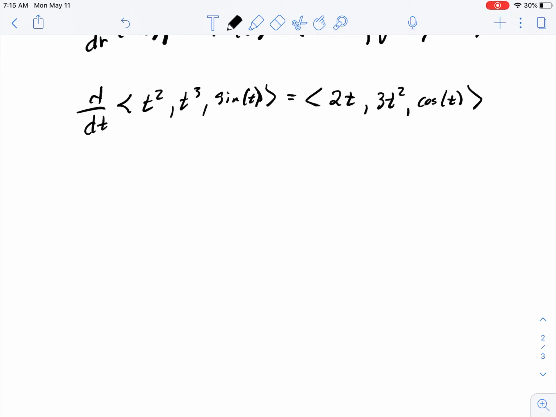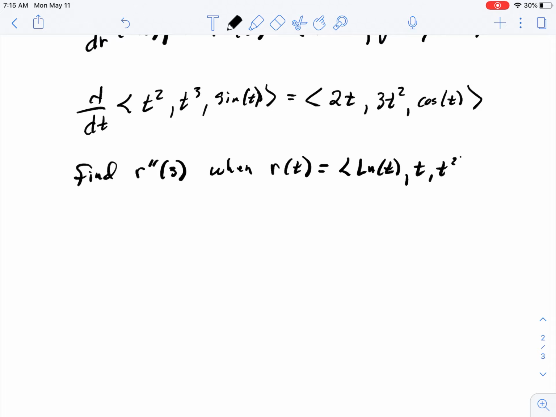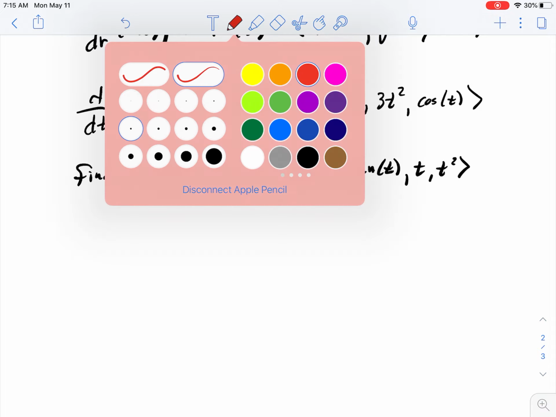Okay, pretty straightforward. Let's go in terms of doing multiple derivatives, because we're going to be looking for position, velocity, acceleration, and all that. So if I want you to do this: find r double prime of 3 when r(t) equals ln of t, comma, t, comma, t squared.